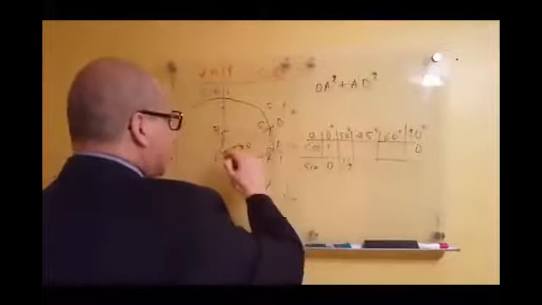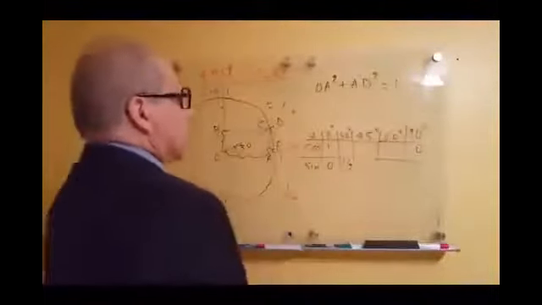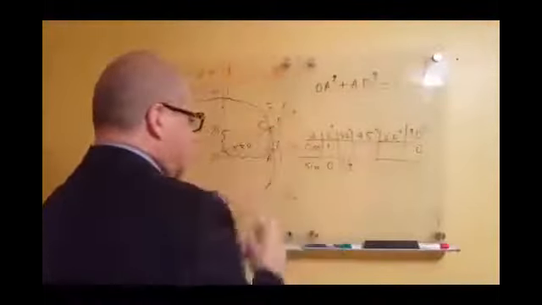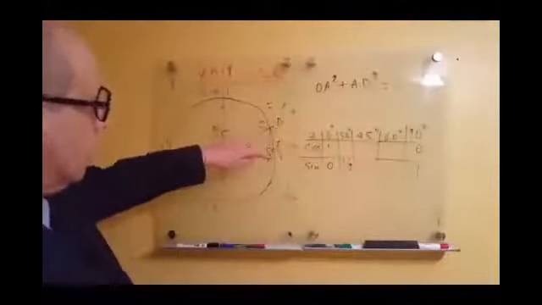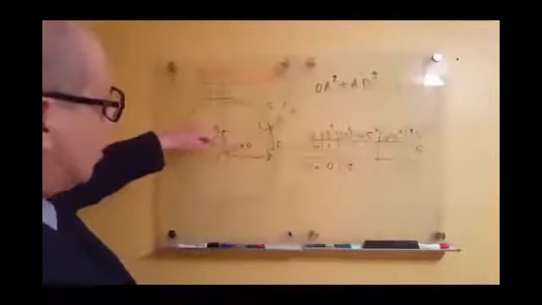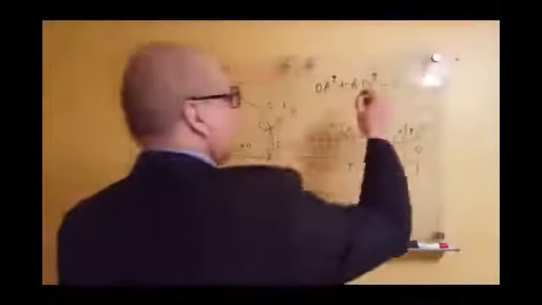Because this is a unit circle, the hypotenuse is the radius, and it's equal with 1, so it's 1 squared, which is 1. So that's it. And now because we know that AD is equal with OB, which is equal with the sine of 30, that's 1/2.